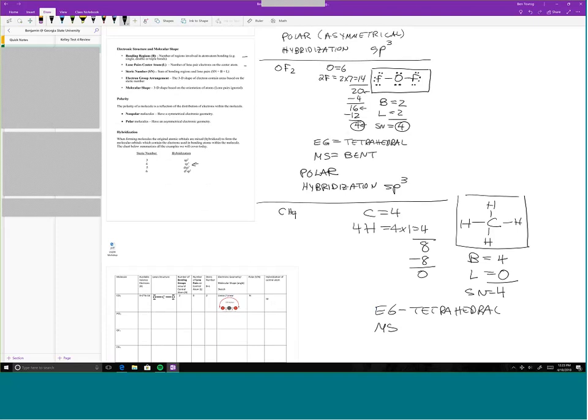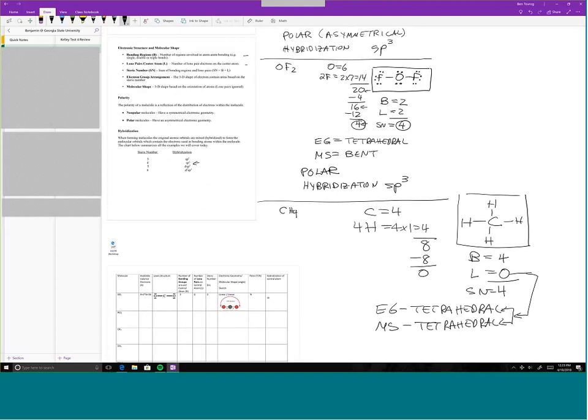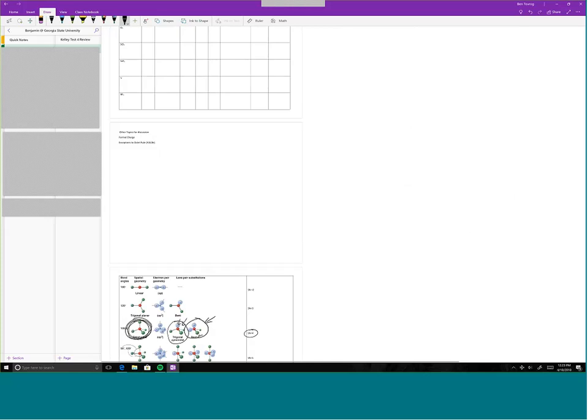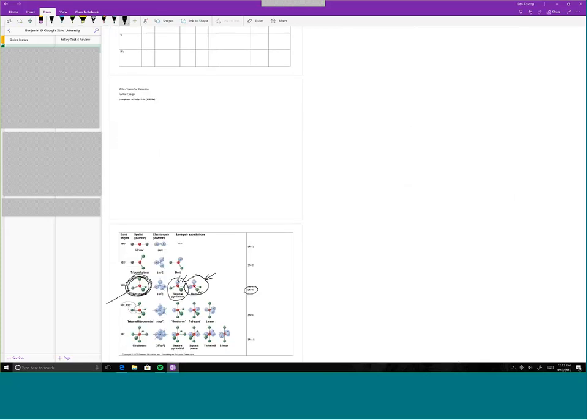And the molecular shape is also going to be tetrahedral. One thing to know is any time that the lone pairs on the center atom is 0, the molecular shape and the electronic geometry will be the same. We want to just refer to that little chart. Here we are. That is CH4.